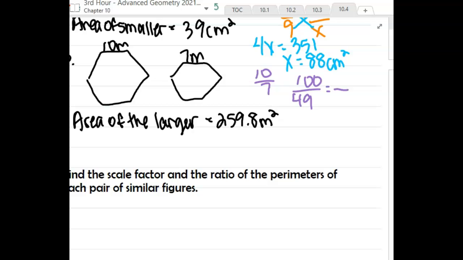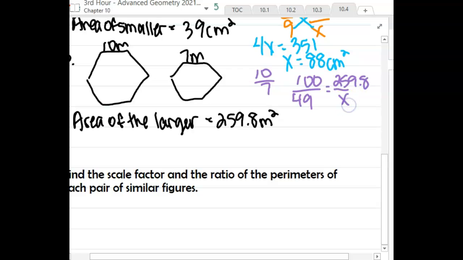So where is that 259.8 going to go? Right? The 10 is the bigger, and I put the 10 in the numerator. So if I know the larger, that 259.8 needs to go in the numerator. Just have to stay consistent. Okay, over x.